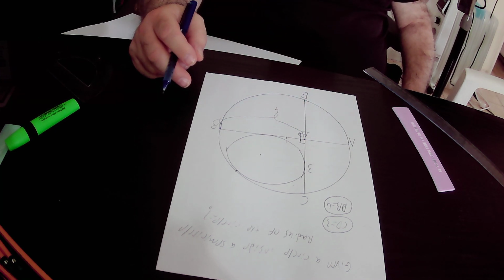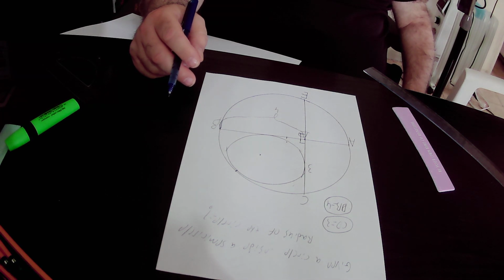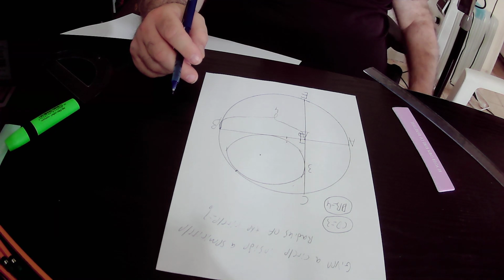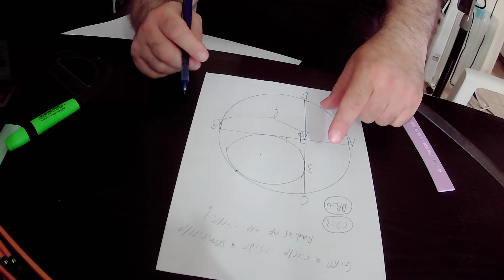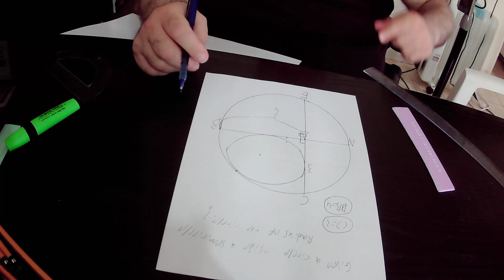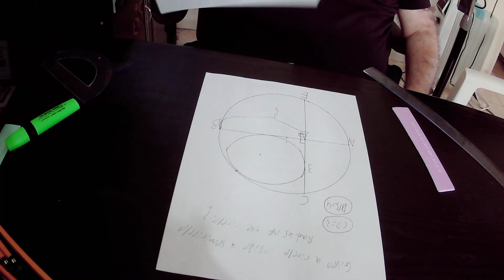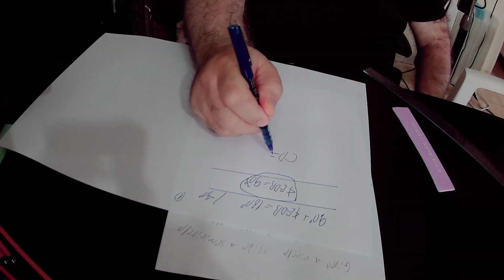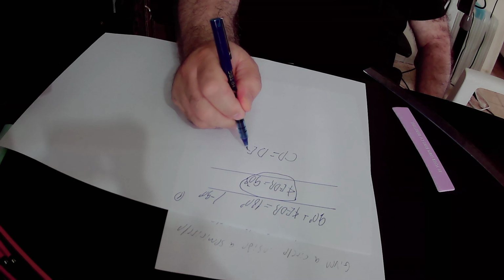Okay? And we know that the mirror image is always the same length as the original image itself, but with opposite direction. That is to say, CD must be equal to DE in its length. I will repeat again. CD must be equal to DE in its length.